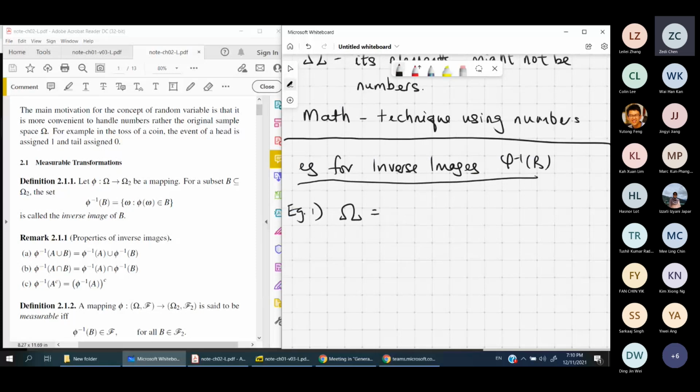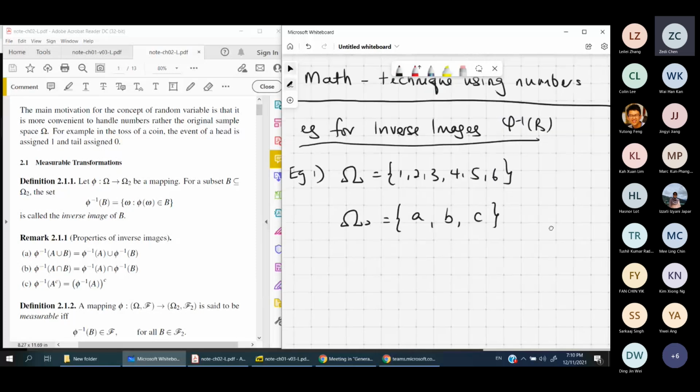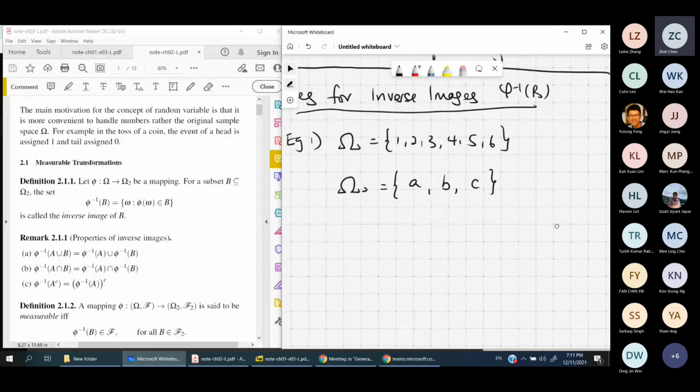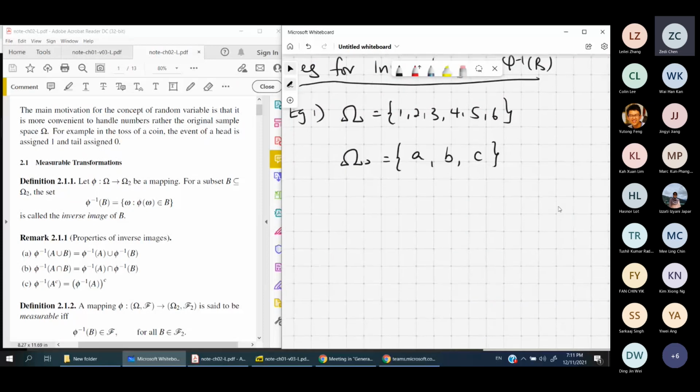Let's say our omega is 1, 2, 3, 4, 5, 6, and our omega 2 is A, B, C. Let's say we have this assignment: phi of 1 is A, phi of 2 is B, phi of 3 is A, phi of 4 is A, phi of 5 is C, and phi of 6 is B.